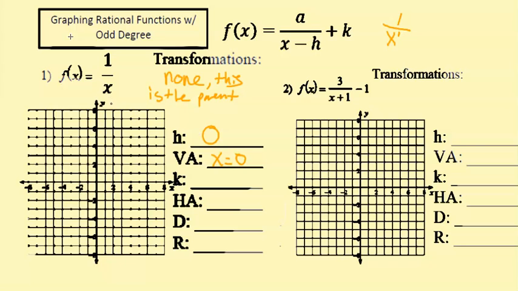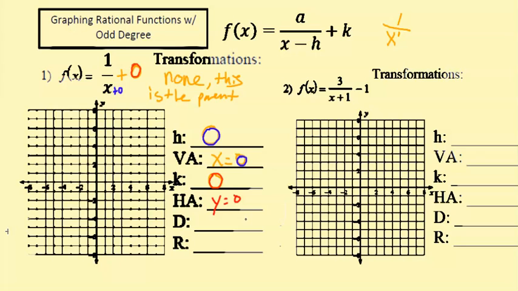You can't divide by 0. K, there's nothing added there either, so it's also 0. I'll draw that in red. And so the horizontal asymptote is at y equals 0. It's this k value.